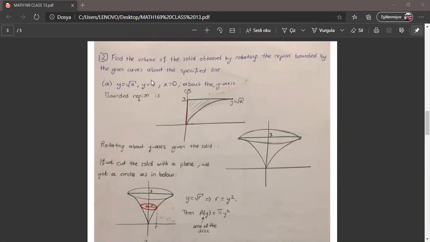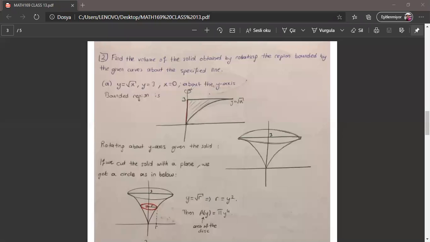Now, the only problem of this kind of questions is to imagine the solid, right? So first, you're given these boundaries, okay? It's easy to check that. So here we have y equals 3.